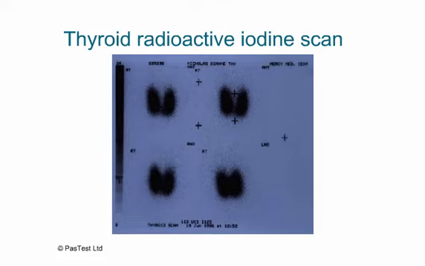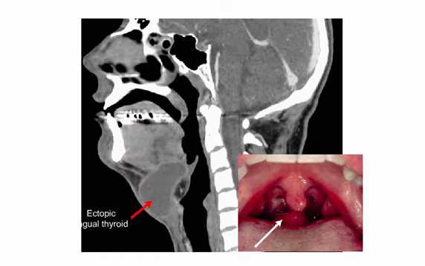In some children, there may be an ectopic thyroid gland in an unusual position. This child has an ectopic thyroid gland in the lingual area at the back of the tongue. The thyroid gland usually starts developing at this position and comes down in embryonic life.